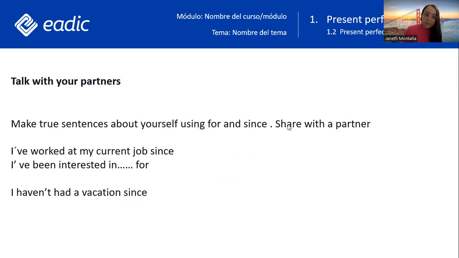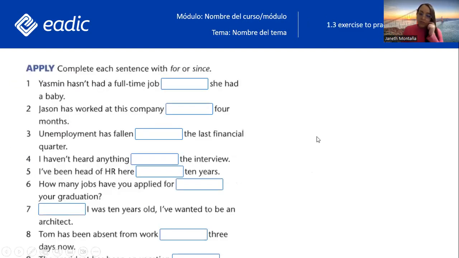After that, the idea is to do an exercise in order to practice. They work individually and complete it. Normally I give around 3 to 5 minutes, and then we check together.